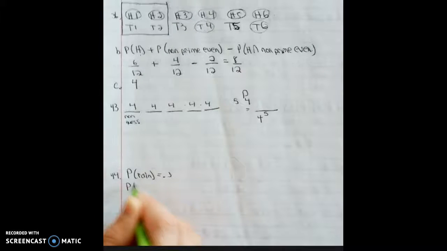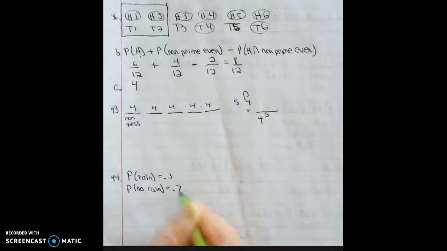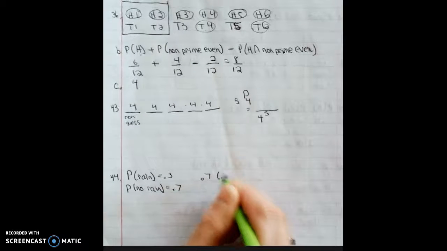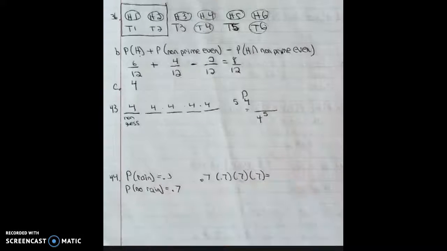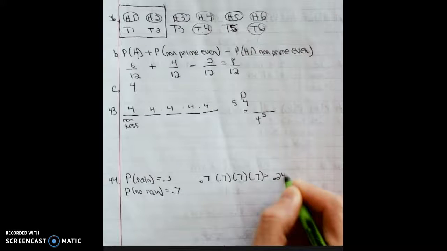So the probability of no rain is equal to 0.7, and I want 4 consecutive days, so that's 0.7 times 0.7 times 0.7 times 0.7. Alright, and when we multiply that, we get 0.2401.